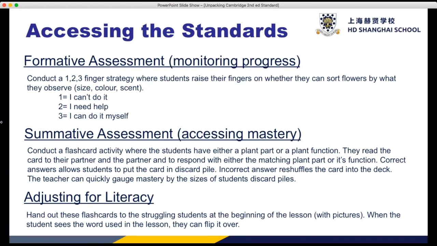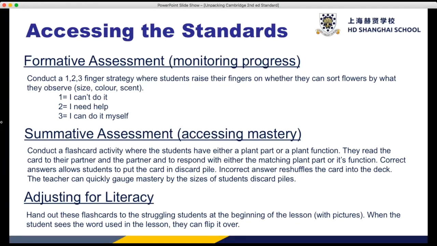And then for a summative assessment to see if they are mastering the standards, the teacher can have the students do a flashcard game where they have flashcards of a plant part or a plant function, and then their partner will read aloud the card, then their partner has to respond by using the matching plant part or the plant function.